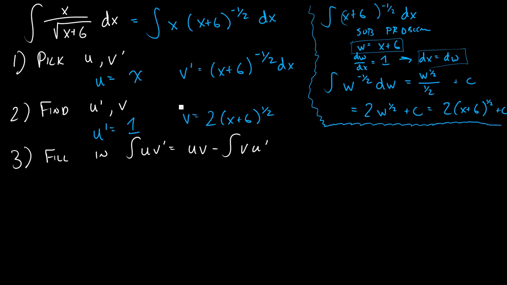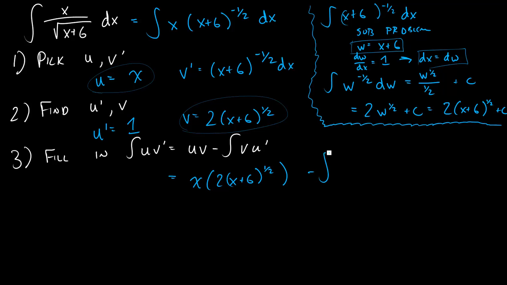Okay, so the trickiest part of this problem is realizing that we actually can take the integral of this v prime. To be able to do this, we have to be confident in our u pick, right? This v prime pick is a little bit annoying to deal with, but it works out, right? So in this integral here, I'm going to fill in my u and my v. So we'll have x times 2 times x plus 6 to the 1/2.